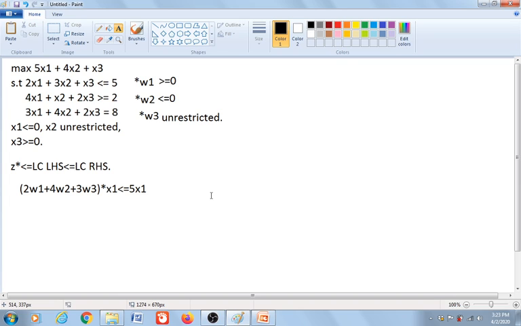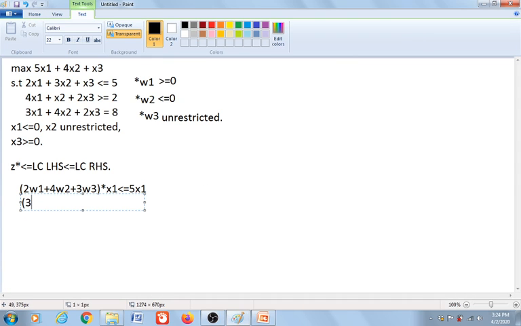Okay, now let's do the second one. So what we have is (3w1 + w2 + 4w3) times x2. According to the theorem, the left hand side must be bigger than or equal to 4x2.